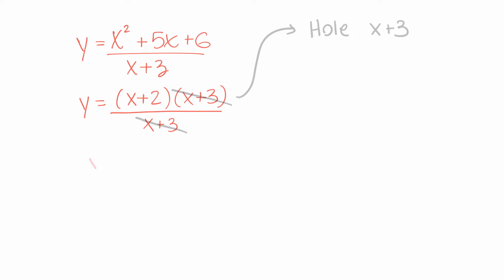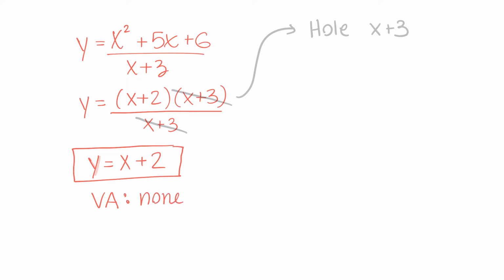So I'm going to set that aside for a minute. What I'm left with is y equals x plus 2. So this time, what I'm going to graph is just x plus 2, which is a linear line. Does this have a vertical asymptote? It does not. There's nothing in the bottom.